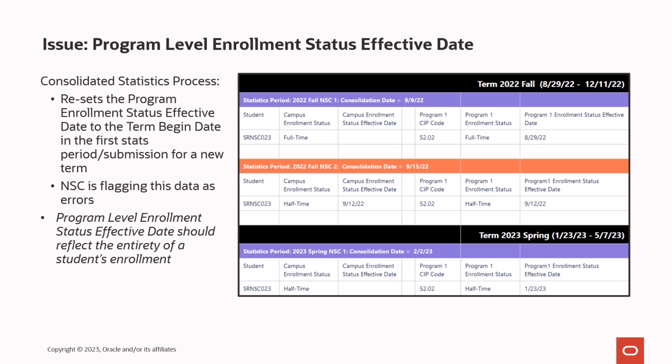As we can see, the consolidated statistics process resets the enrollment status effective date to the term begin date, which in this case is January 23rd, 2023. In this scenario, NSC is expecting that the enrollment status effective date should be the date the student dropped to half-time. That's September 12th, 2022 in this case, because the program level enrollment status effective date should be based on the entirety of a student's enrollment history.